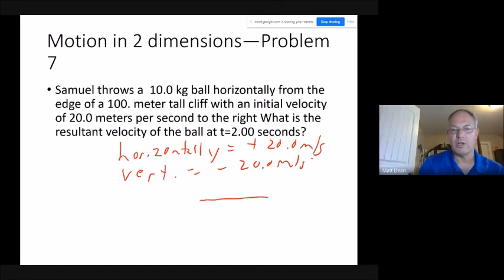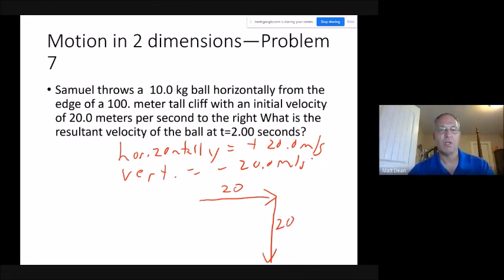So to do that, draw in the horizontal vector first, 20. Go to the tip of that vector, draw in the second vector, -20, 20 down. Remember, the negative doesn't really mean negative, it just means down. Find the resultant by going to the tail of the first vector and connecting it to the tip of the second one. That's our resultant, our sum.